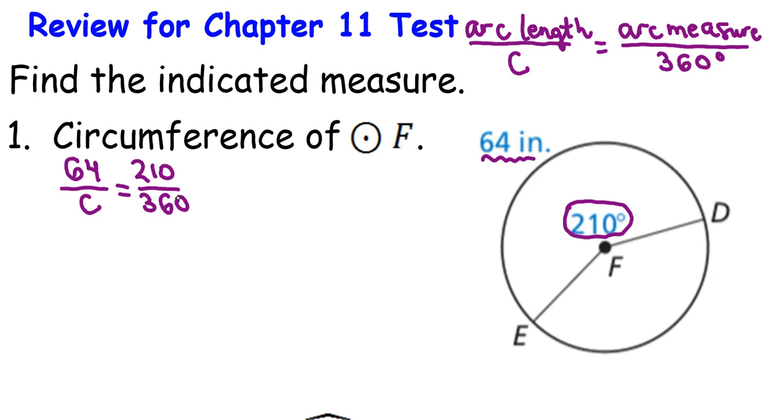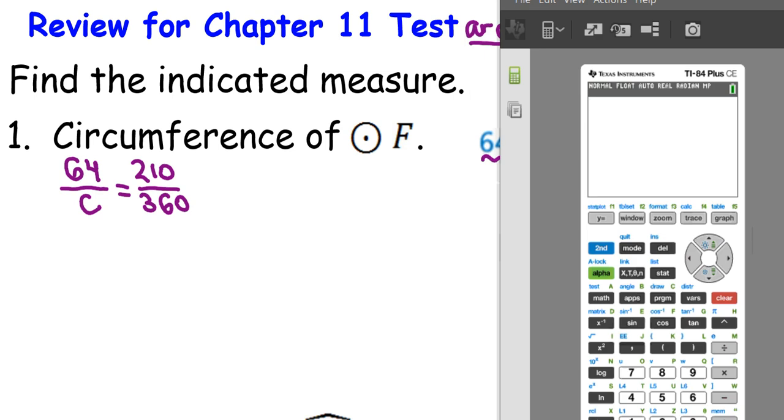If I were to make a quick calculation on my calculator, I literally would take 360, multiply it by 64, and divide it by 210. As for work that I would look to see on your test, I would be looking for this proportion. This is the kind of work I want to see.